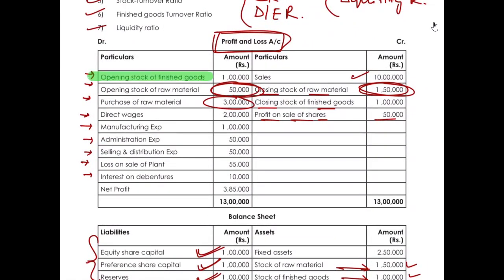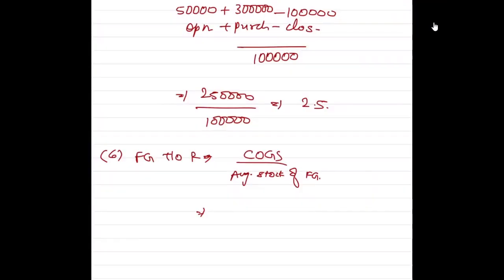COGS would include your finished goods opening stock, plus deduct your finished goods closing stock, your manufacturing expenses, direct expenses, right? So this would be 1 plus 2 plus 1, 6 minus 1. That would be 5 lakh as your COGS divided by average of your finished goods.